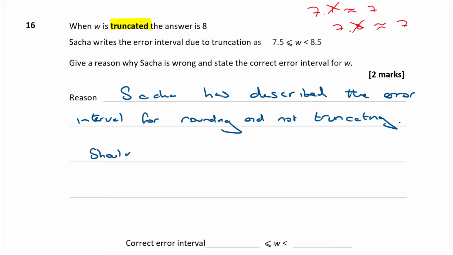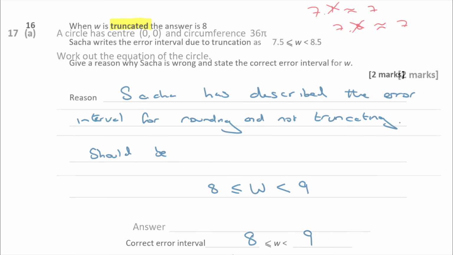It should be that our w should be between 8 and 9, like that. It can be equal to 8, but it can't be equal to 9 because 9 obviously truncates to 9. But everything slightly less than 9 will truncate down to 8. So the correct error interval is 8 less than or equal to w, less than 9, like that.